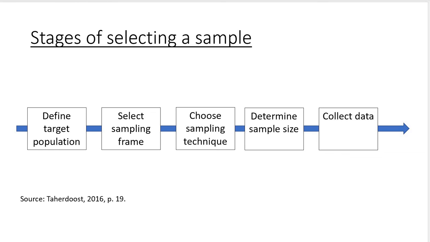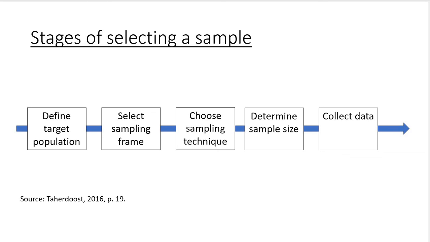But let's say 100 is something reasonable. So the minimum number should be equal to 100. There is no justification except for the rule of thumb, so you have to trust me. This is the only thing you can do at this point. And finally, you collect the data.